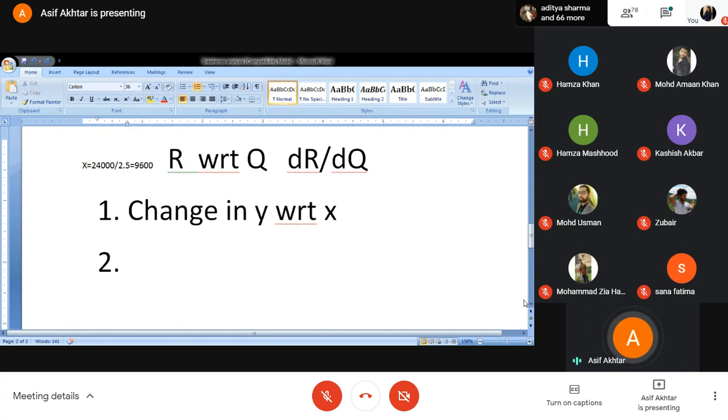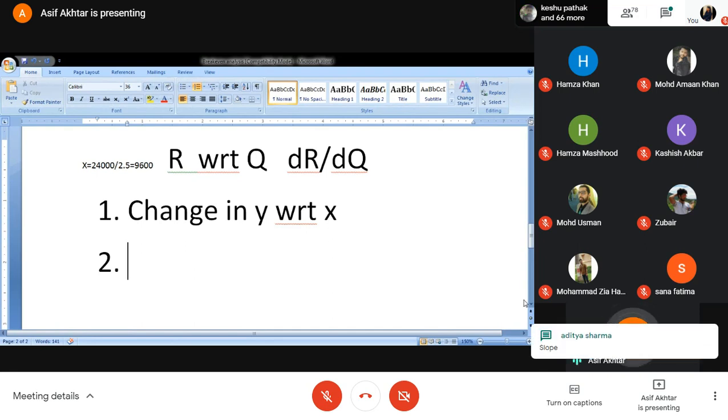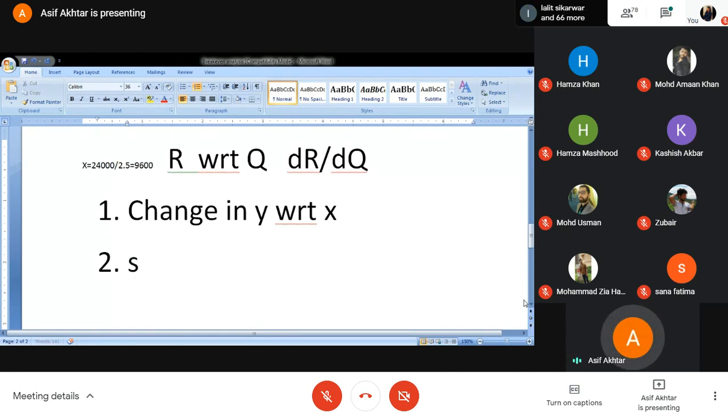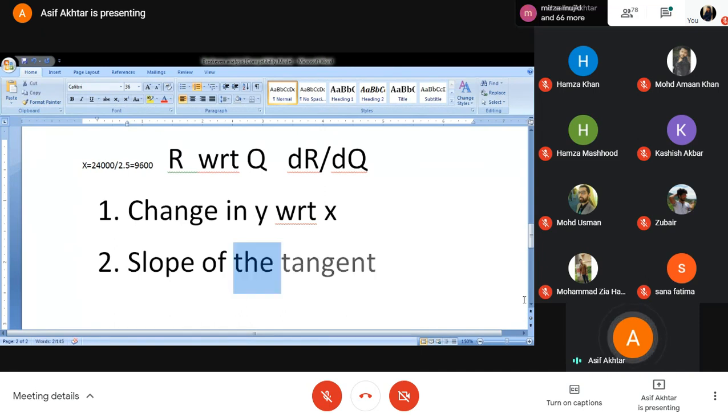जब हम differentiation को graphically देखते हैं तो वो हमें एक बहुत ही useful result देता है. And what is that useful result? Basically, differentiation of one variable with respect to another variable will help us in calculating this important thing, slope of the tangent. अब ये जो मैंने लिखा है ये एक टेक्निकल चीज आपके लिए, I don't know how many of you are well versed with this, slope of the tangent.